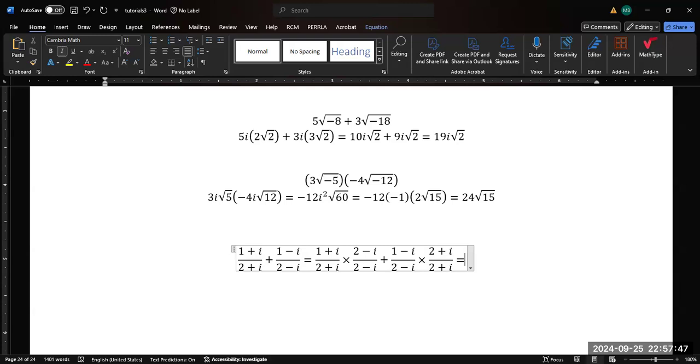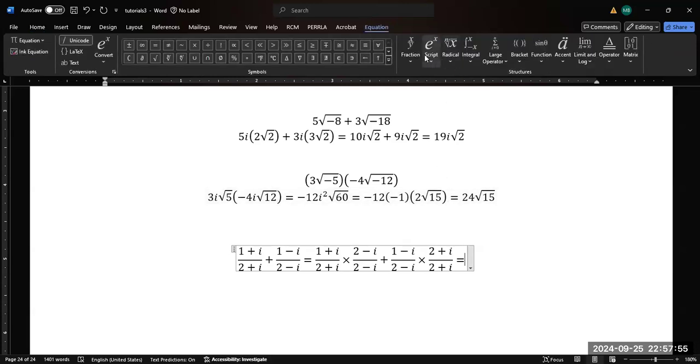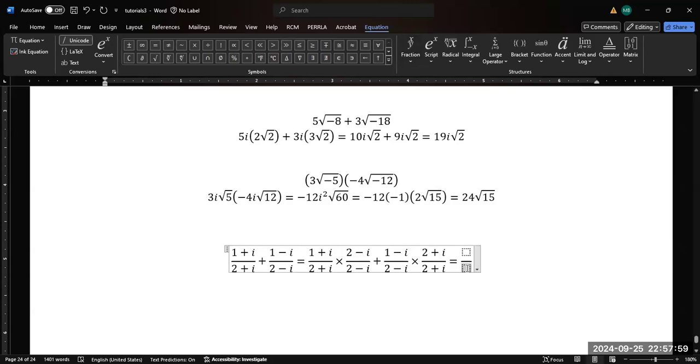Now, we have to remember that the denominator will be the same, which will be good. The denominator, again, it's a difference of squares, so we can FOIL.